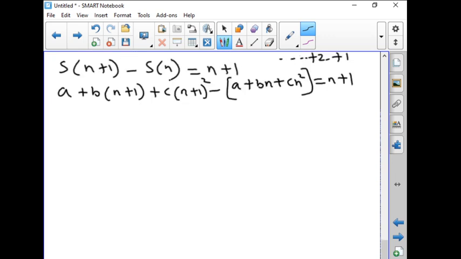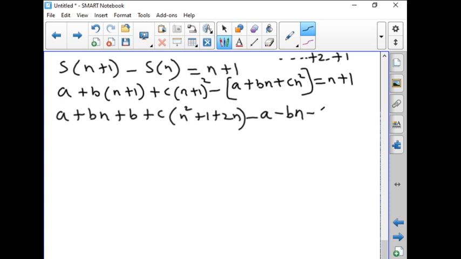So now what is this? a plus bn plus b plus c into n square plus 1 plus 2n minus உள்ள எடுத்துட்டு போயிருங்க, a minus bn minus cn square is equal to n plus 1.